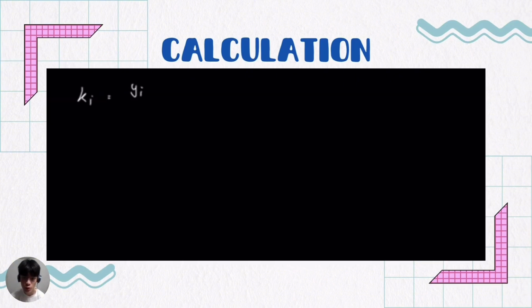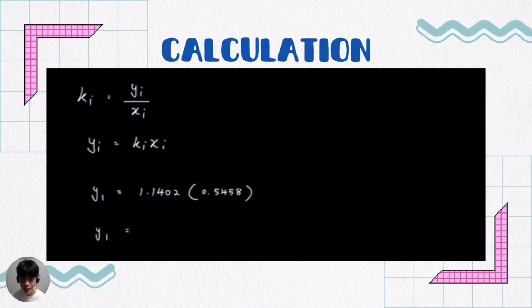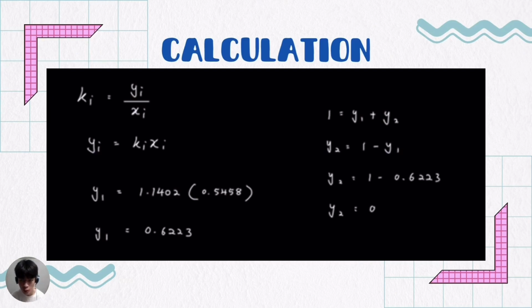And next is to find the molar composition in the gas phase. We can use the previous formula, yi equals Ki multiplied by xi, and we found that Y1 is equal to 0.6223 and Y2 is 0.3777.